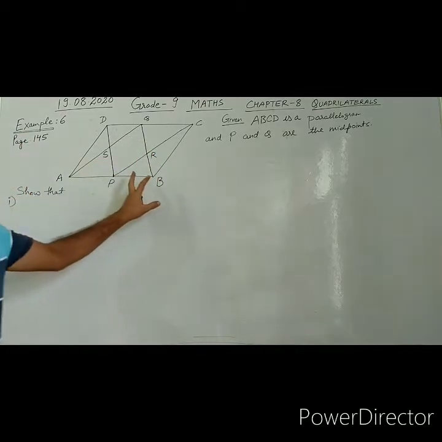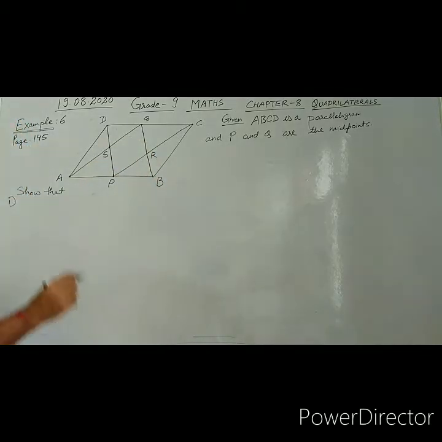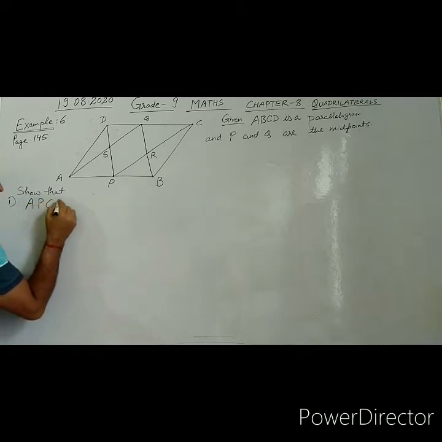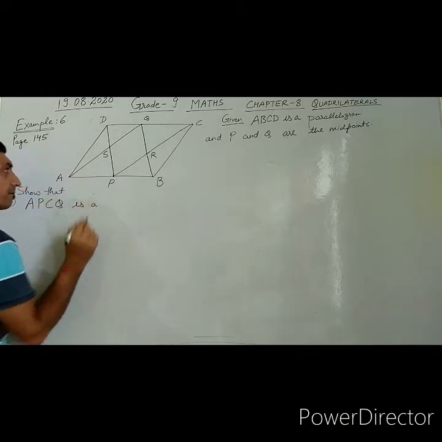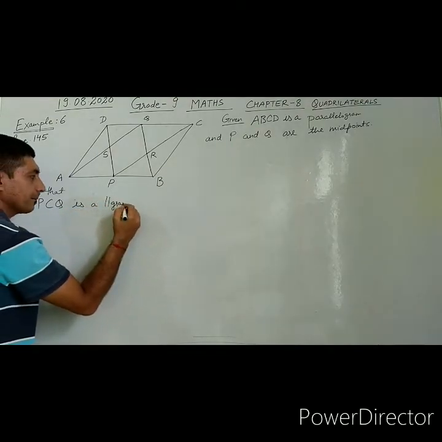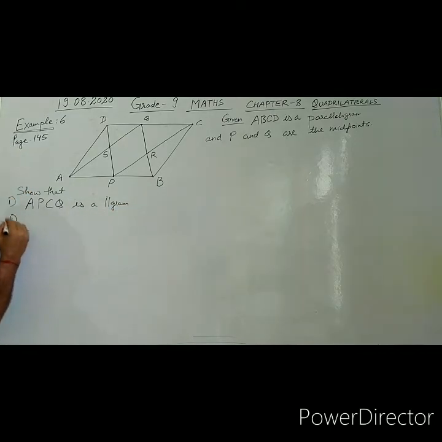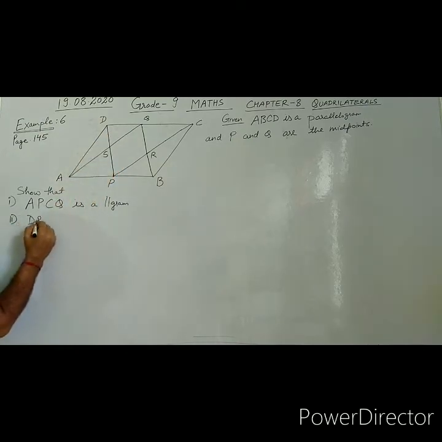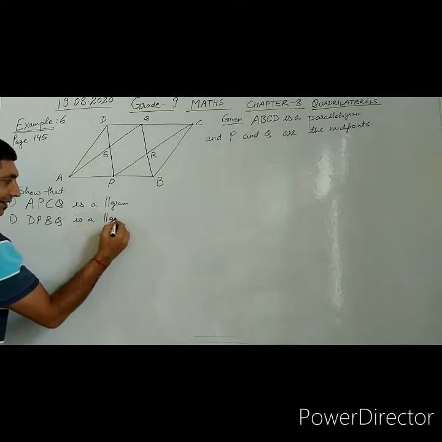So here in example 6 we have first part, that is we have to show that APCQ is a parallelogram. Second, again we have to prove second part, that is DPBQ is also a parallelogram, right?